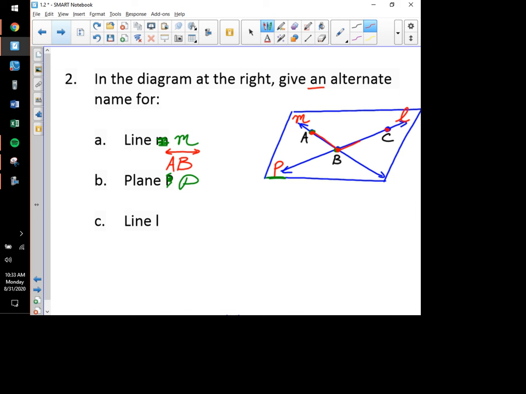Essentially, guys, if your 3 points form a triangle right there, if you extended that triangle forever in all directions, it would make a plane. So if you can make a triangle with 3 points, they are non-collinear, and that means that it's okay to name it that way. So we could also call this plane ABC, or CBA, or BCA. The order of those points does not matter at all.